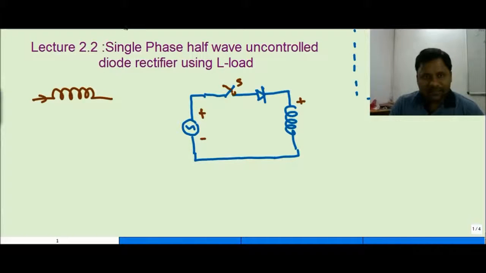Whenever the current is flowing in the inductor, it has energy stored, with V equals L di upon dt. This is the energy stored in the inductor when the current is changing, which generates induced EMF.